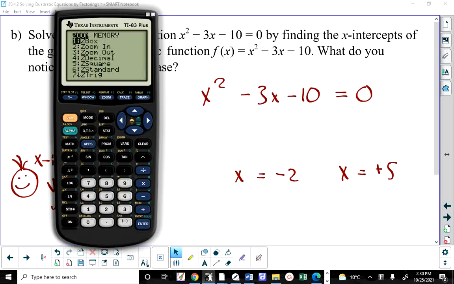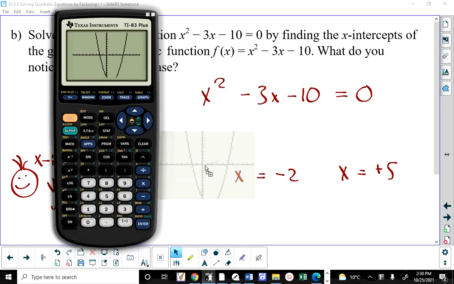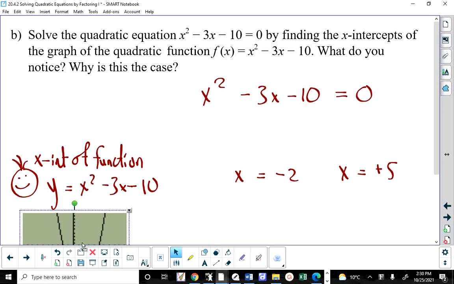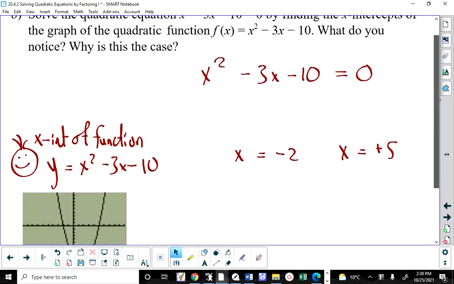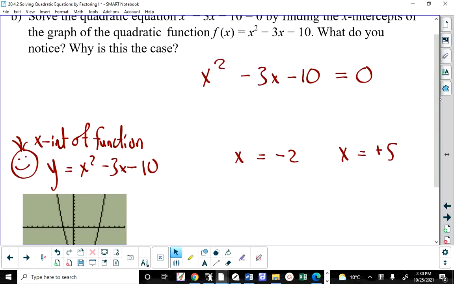You would go zoom standard. You would then use your tools on your calculator to determine that that parabola crosses the x-axis at -2 and it crosses the x-axis at +5, which means the solutions to this equation are -2 and +5.